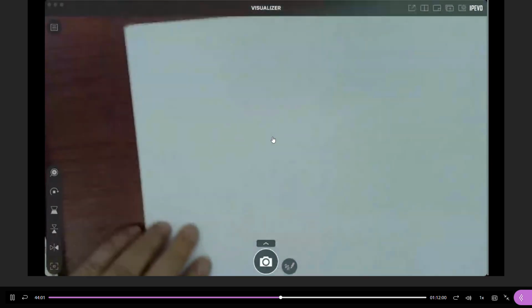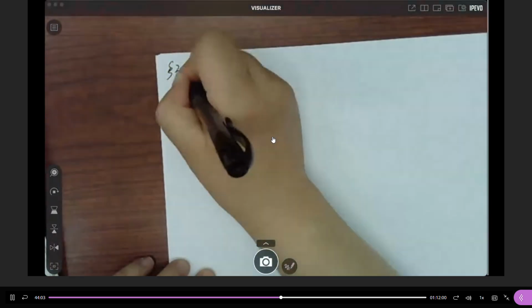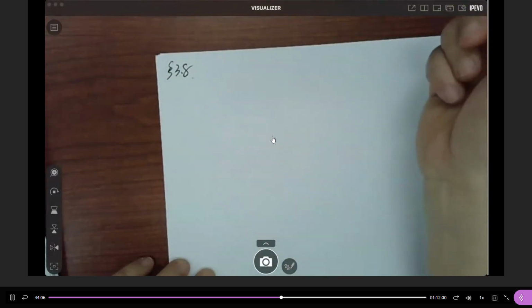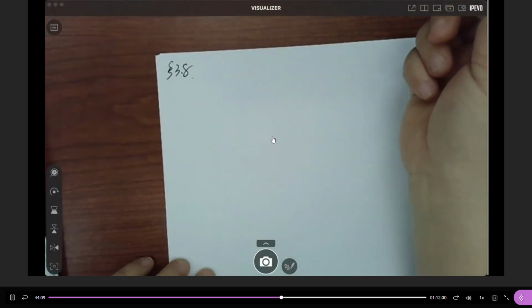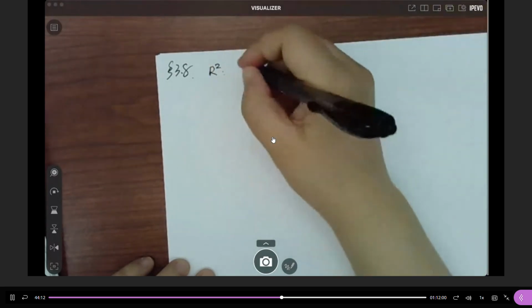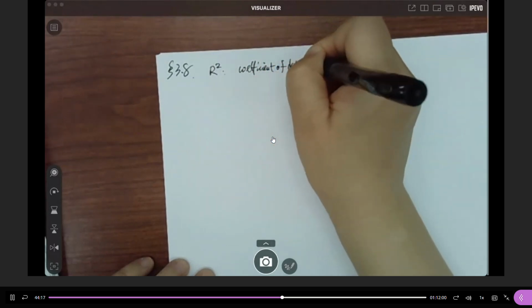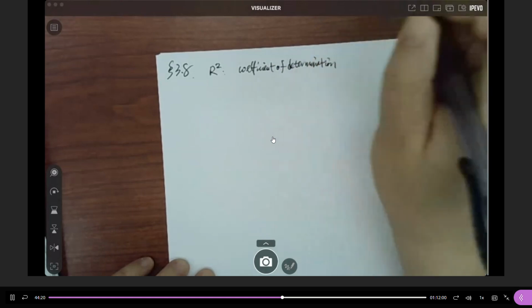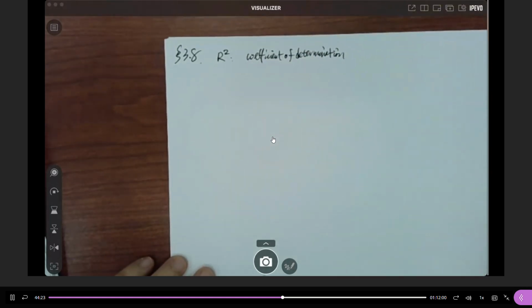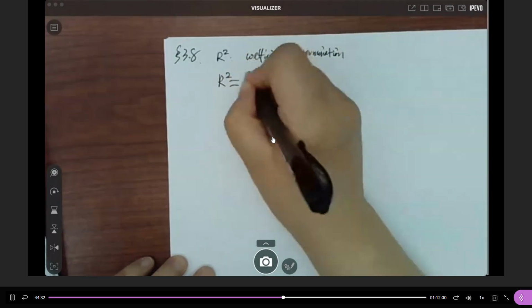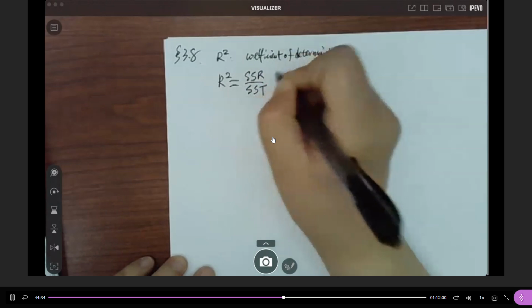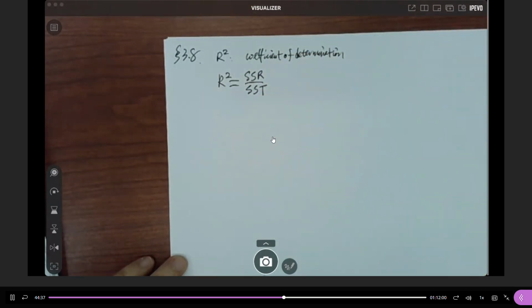All right. So next we move on to section 8. In section 8, we want to say a few words about the coefficient of determination, R squared. As we defined before, R squared is called the coefficient of determination. In SLR, simple linear regression, we define R squared equal to the ratio of SSR over SST. Do you think we can still use the same definition for multiple linear regression?